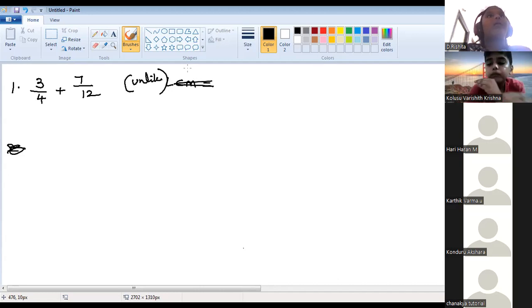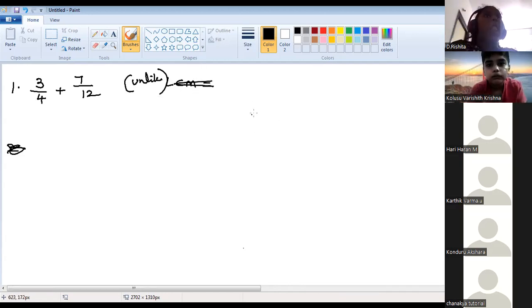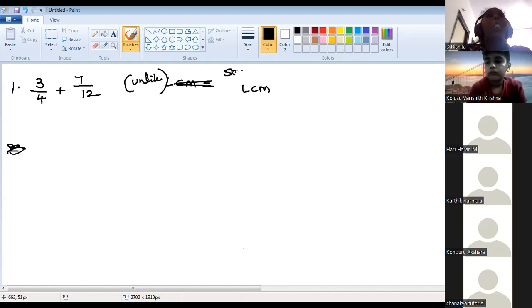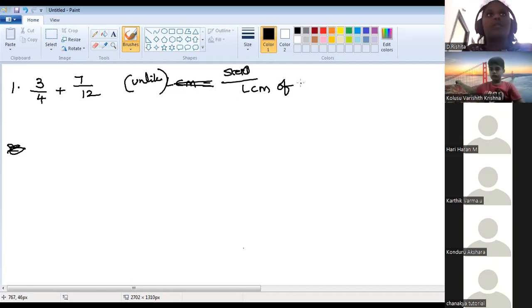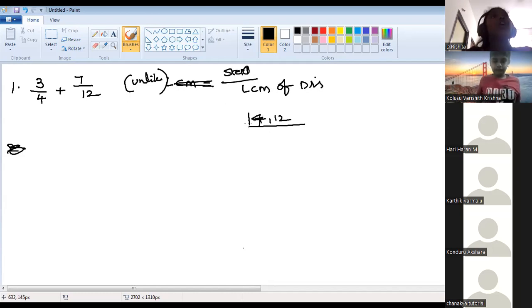If unlike fractions are given, you need to find the LCM of the denominators. That is step 1. What are the denominators here? 4 and 12. 4 and 12 are commonly divisible by which table, children?